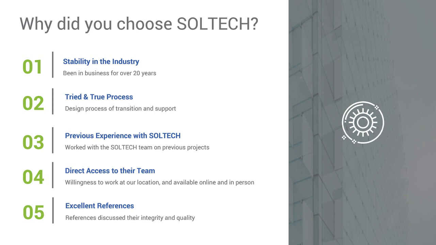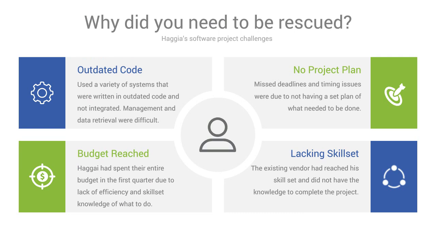Right. Now, I remember when you told us about your developer having a difficult time having all the skill sets that you needed in order to be successful. One of the things you also mentioned was really, why did you need to be rescued, right?